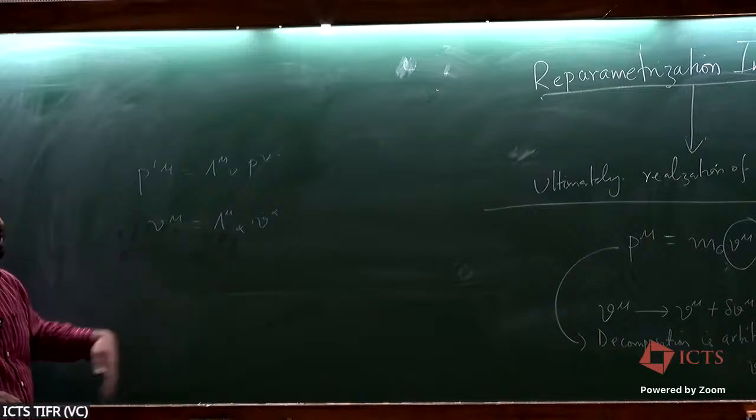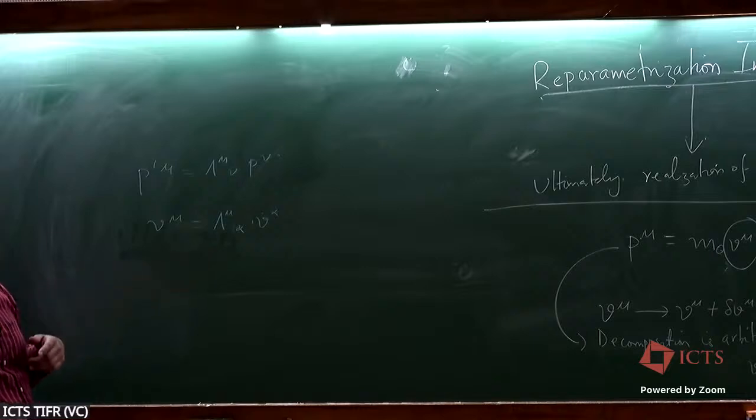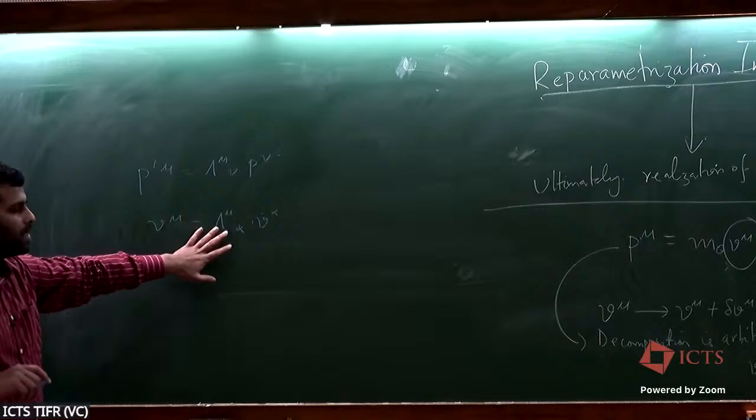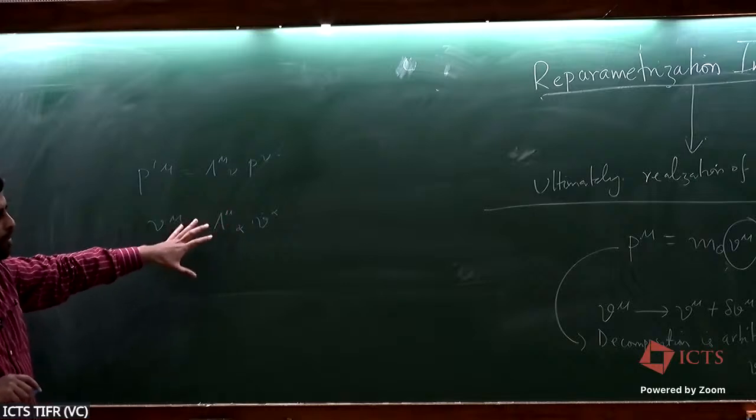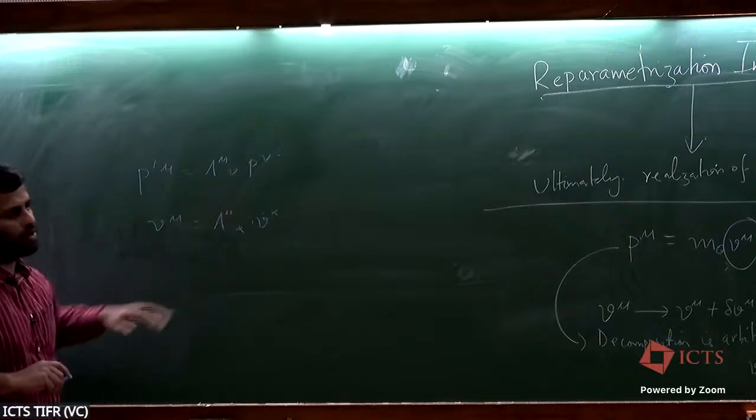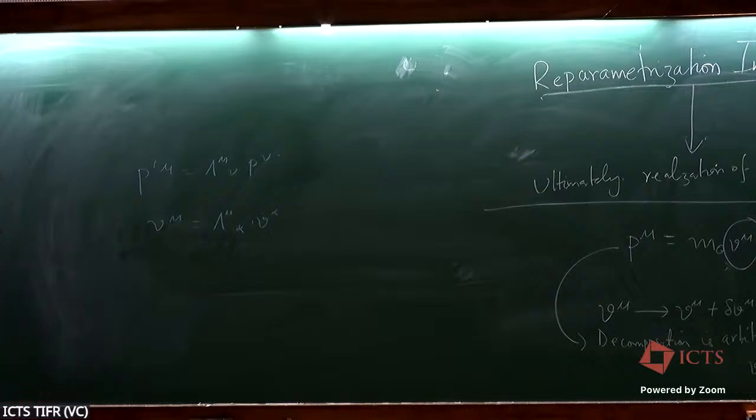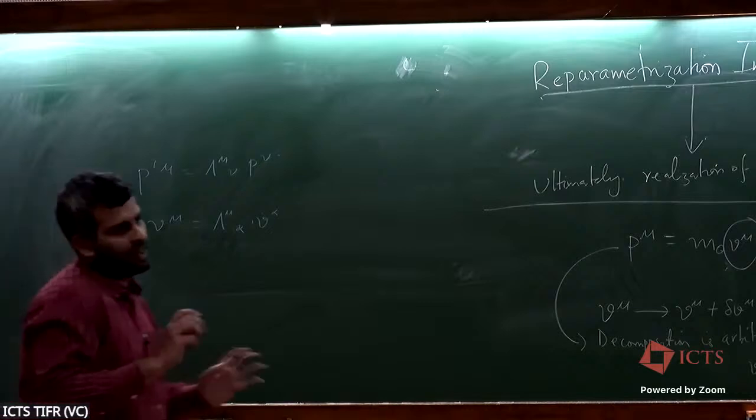This lambda mu alpha is what is giving you the analogous of epsilon mu by m. That is the connection I'm trying to make. So this epsilon mu by m is like doing the analogous of this lambda mu alpha part, in a very crude way, I would say.